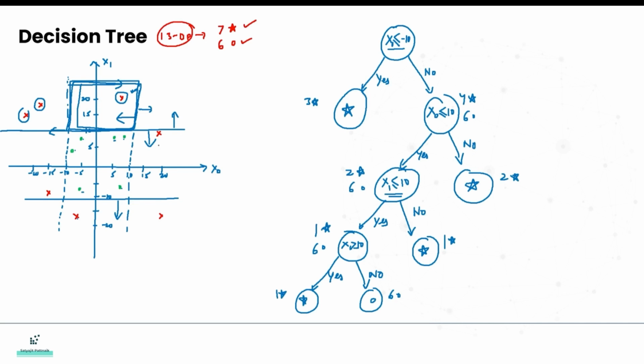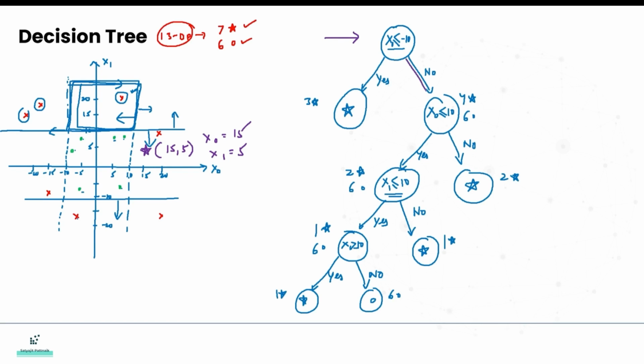Now if you are talking about a data point like this, let's say somewhere here. The data point's coordinate is 15, 5. That means x0 is 15 and x1 is 5. We'll try to go ahead here. Does this satisfy? X0 is less than equals to 10?